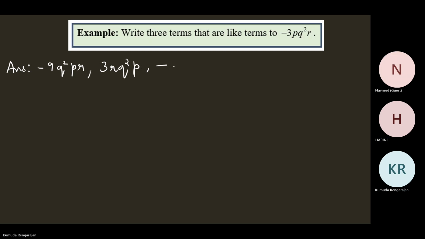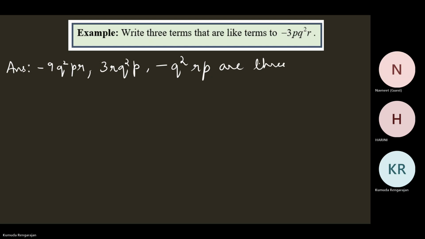You can't write the same number. Minus 3 is already there in the question. Don't put any number. Simply minus. Q square, RP. That's all.